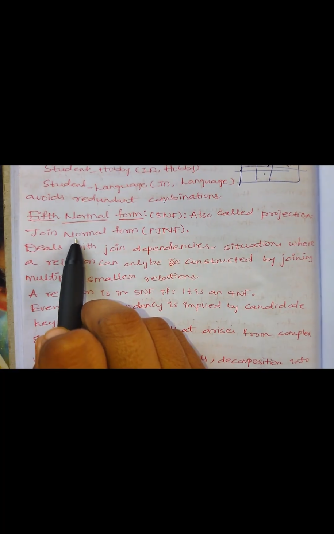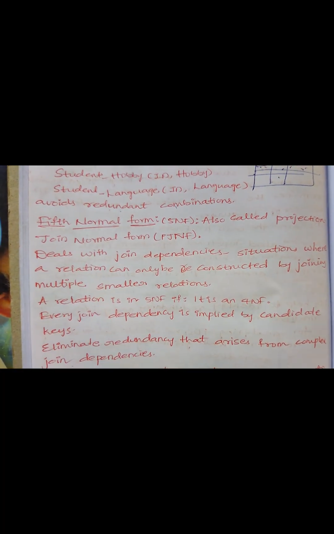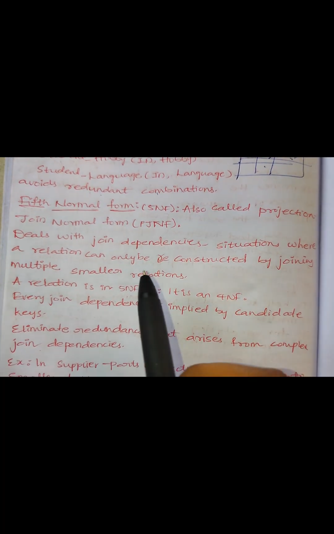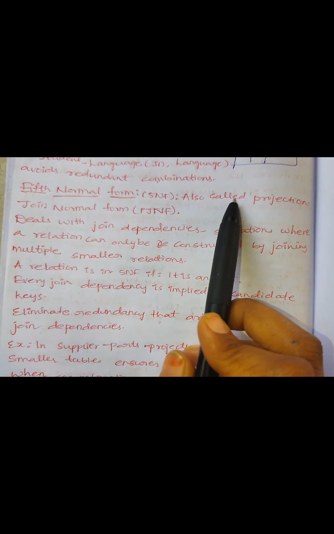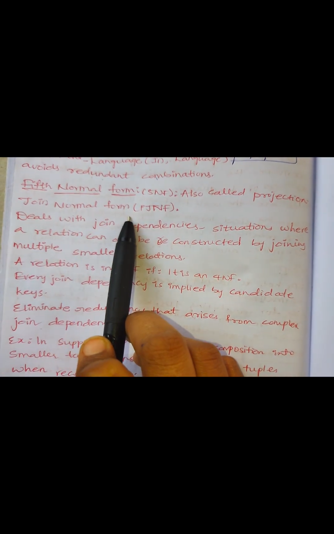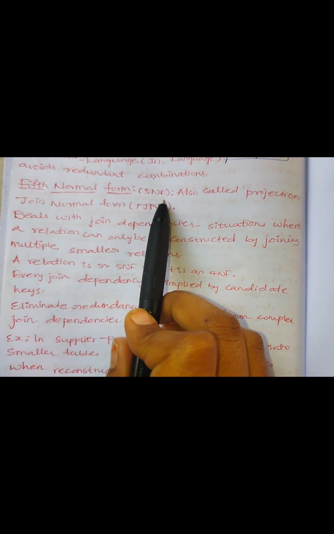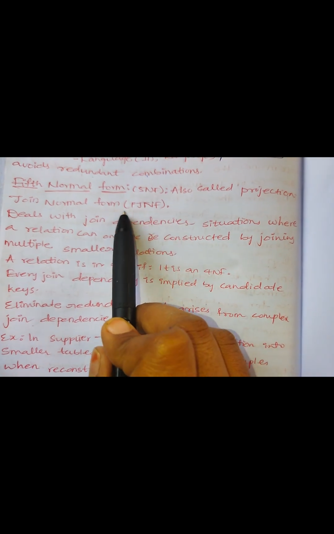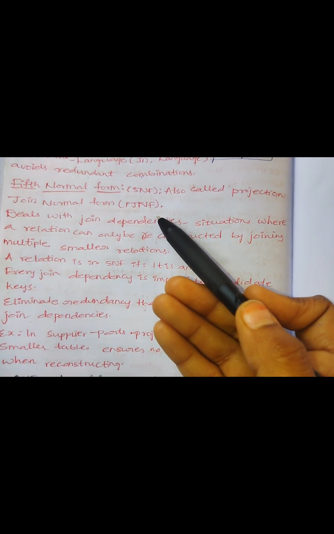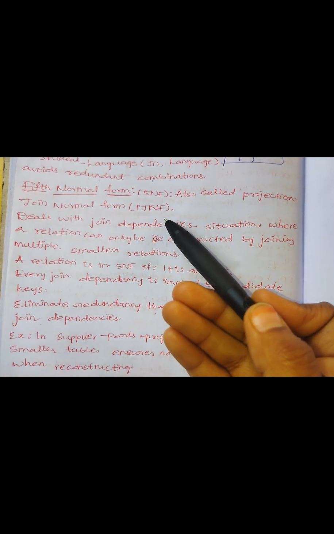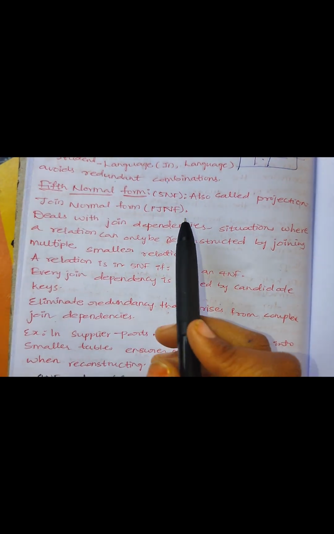Last concept, fifth normal form or PJNF. Fifth normal form, also called projection join normal form, PJNF or 5NF. They will ask in an indirect way. What is PJNF? Explain in detail means you need to write this topic.